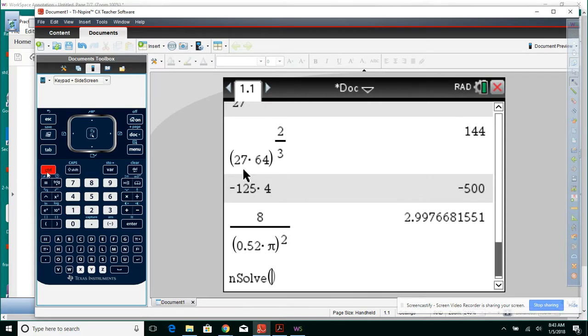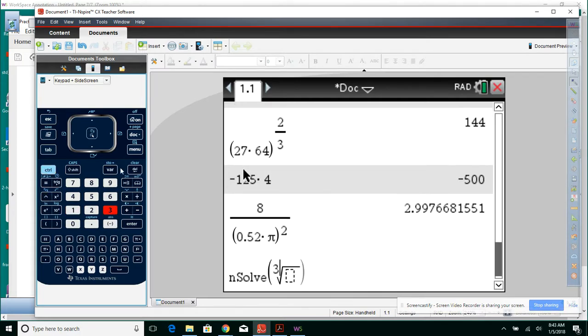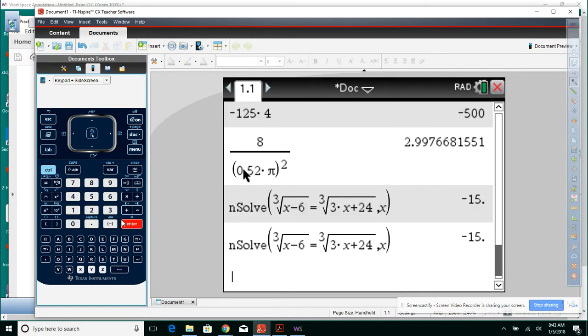And we'll put in the cube root of x minus 6, equals, and then we got to put in the cube root of 3x plus 24, and then get outside. And then comma, we are looking for the x, so comma x, press enter, and it gives us negative 15.